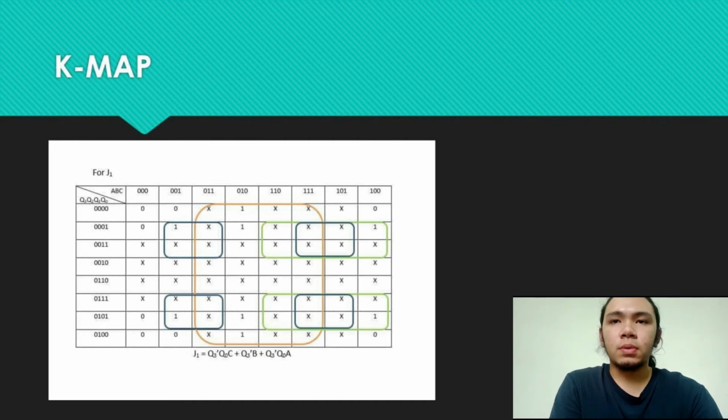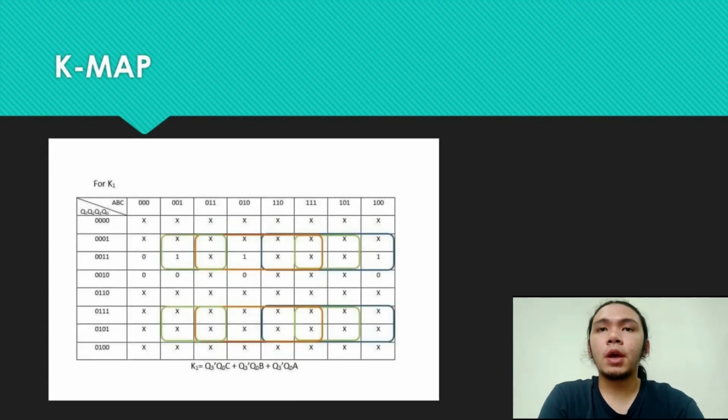The equation for the blue circle is Q3 bar Q0 C, the equation for the green circle is Q3 bar Q0 A, and the orange circle is Q3 bar B.